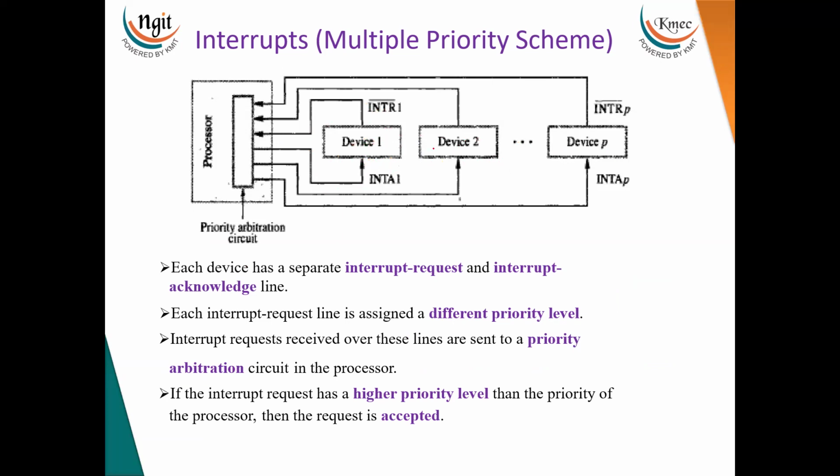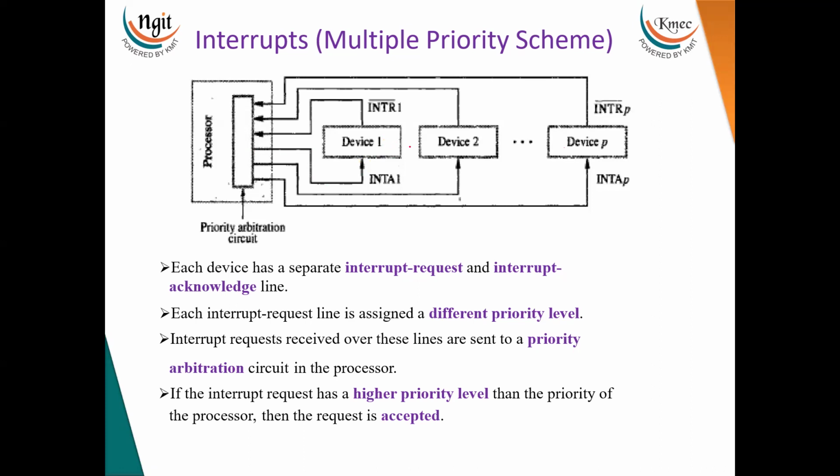Every interrupt request has its own priority. Now, if all the devices generate the interrupt, all will be polled by the priority arbitration circuit. Here it will check the priority, and for the device having the highest priority, it will send the acknowledgement signal. After that, that ISR will be executed.